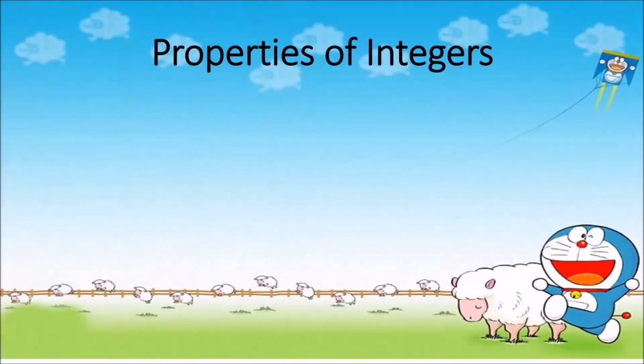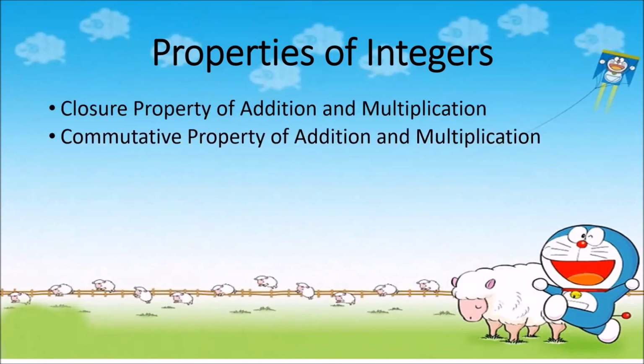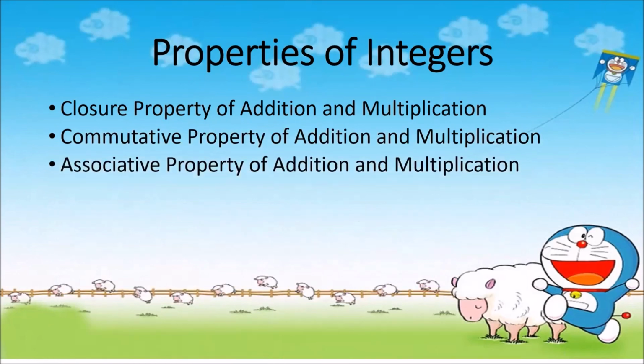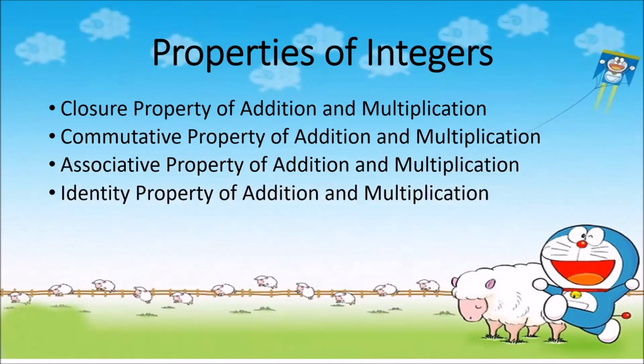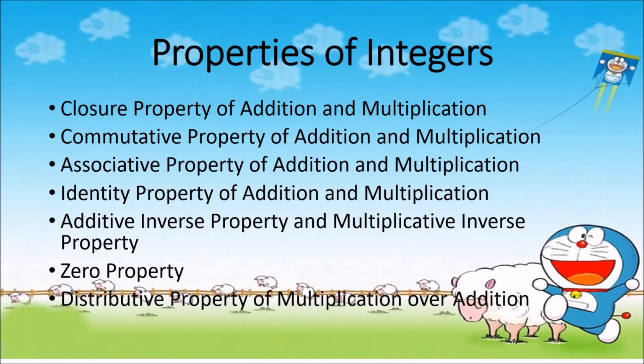So, let us recall again the properties of integers that we need to answer learning task number 2 and number 3. Ito po yung closure property of addition and multiplication, commutative property of addition and multiplication, associative property of addition and multiplication, identity property of addition and multiplication, the additive inverse property and multiplicative inverse property, the zero property of multiplication and distributive property of multiplication over addition.